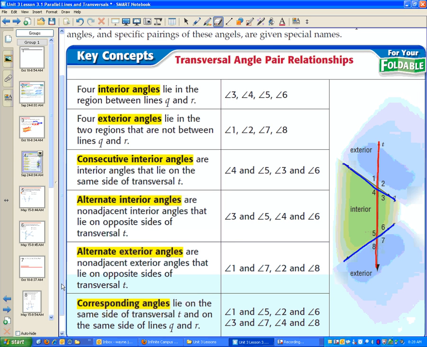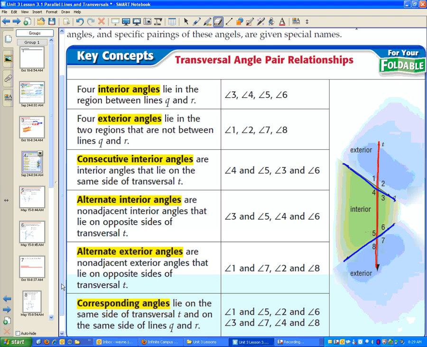4 interior angles line the region between Q and R. So the interior between lines Q and R, they have shaded green. So the interior angles would be the angles that are in the green shaded portion of the figure. So they would be angles 4, 3, 6, and 5 are the interior angles.